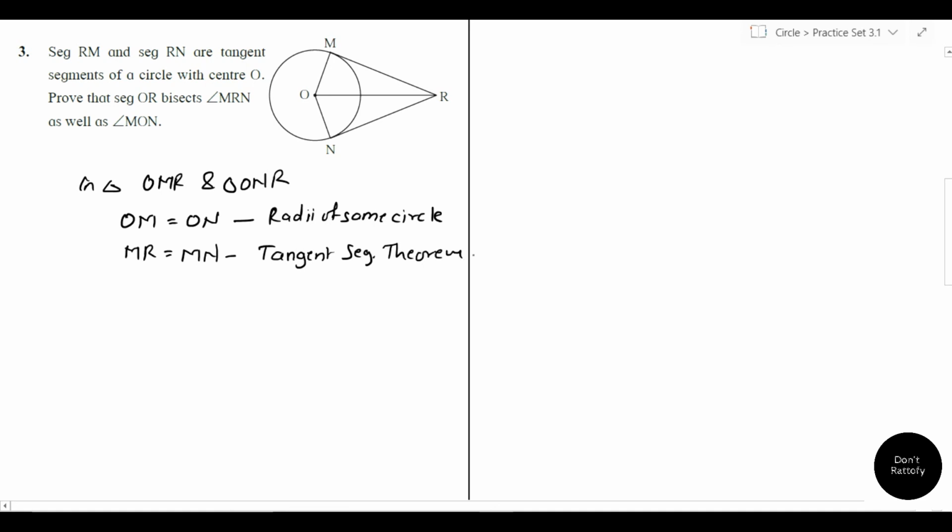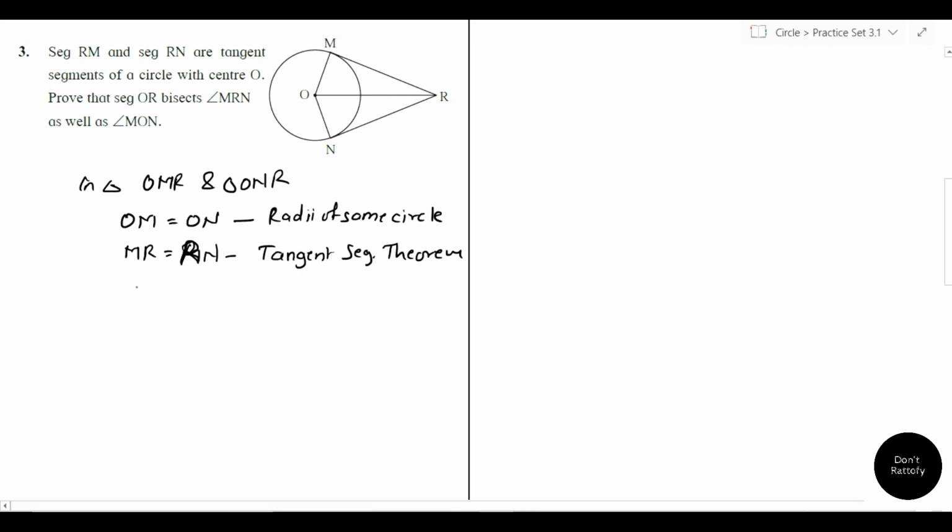Because MR and NR are the, okay, I wrote differently, this is RN, okay, my mistake. MR and RN are the tangent segments, right? MR and NR are the tangents drawn from an external point to the circle, hence those two are equal.